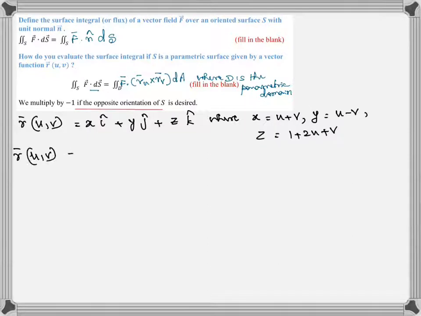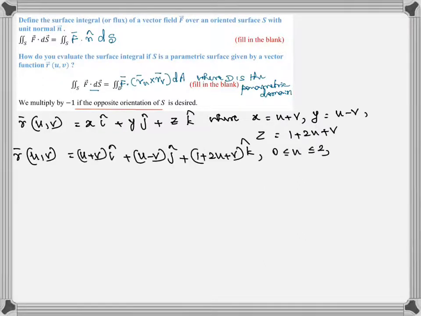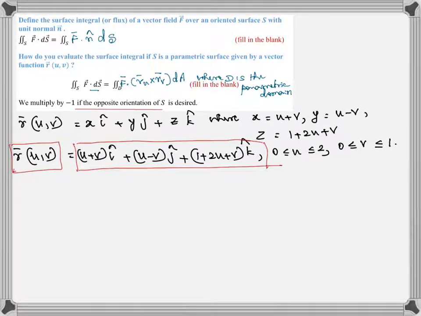So r of u, v, if you substitute the values of x, y and z, is (u plus v) i plus (u minus v) j plus (1 plus 2u plus v) k, with u from 0 through 2 and v from 0 through 1. We'll call that equation 1 or step 1.